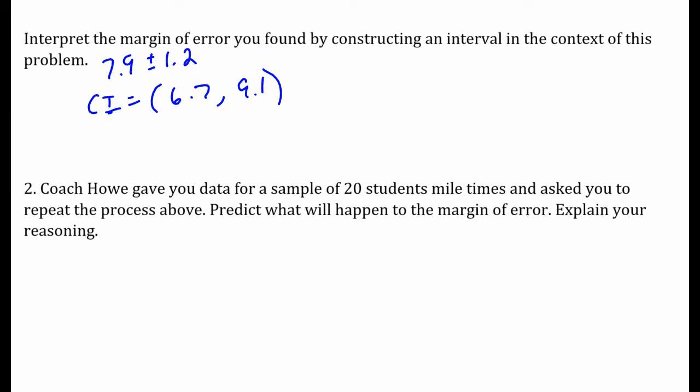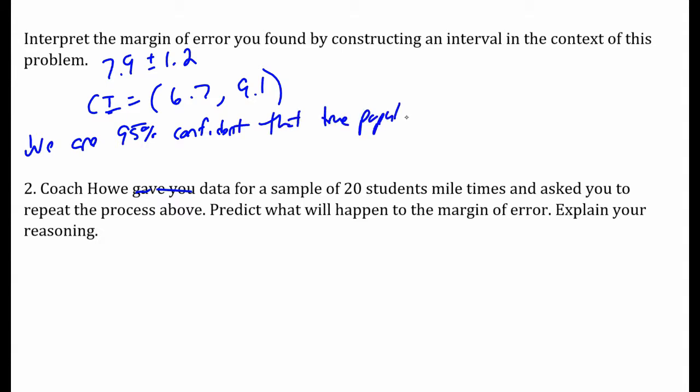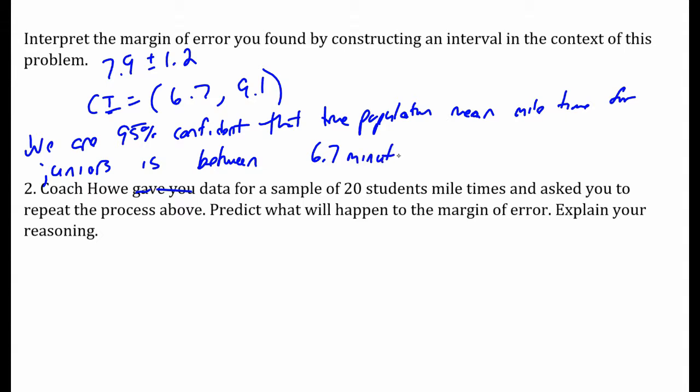What does this interval mean? That's the key idea. Computing the interval is easy. What does this interval mean? It means we are 95% confident that the true population mean mile time for juniors is between 6.7 minutes and 9.1 minutes.